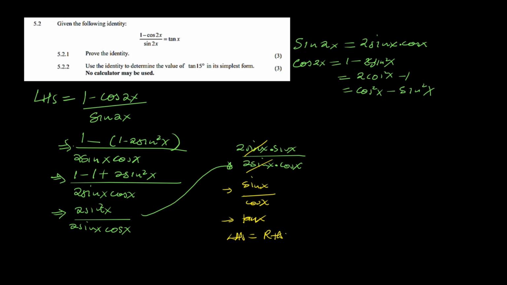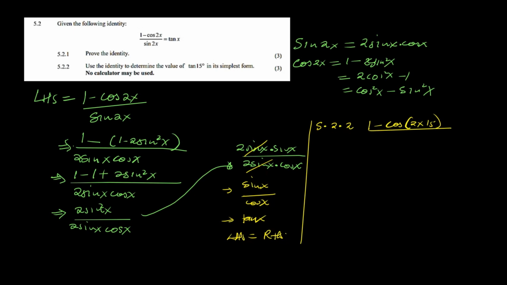So using the above, 5.2.2 can be written as 1 minus cos into 2 multiplied by 15. We are just plugging in 15 degrees as the angle in question.